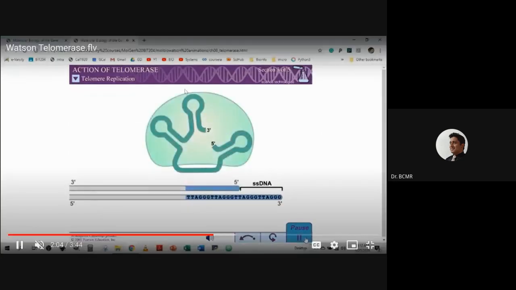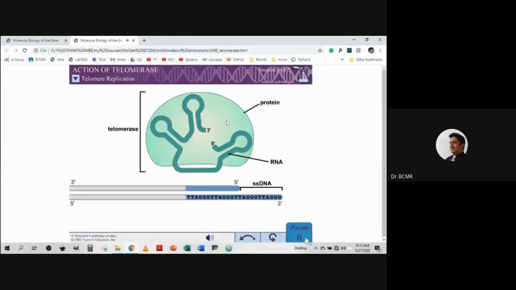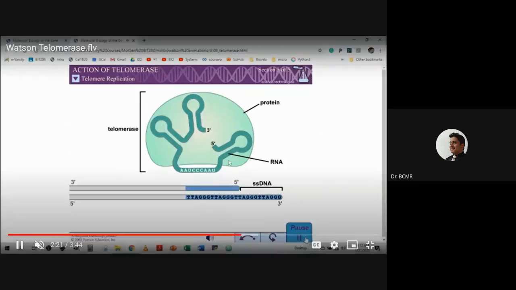Let's see. This is the telomerase. This is the RNA component. This region of the RNA component acts as the template. So it is also an RNA dependent DNA polymerase, a kind of reverse transcriptase. So the template is complementary to the telomeric region.